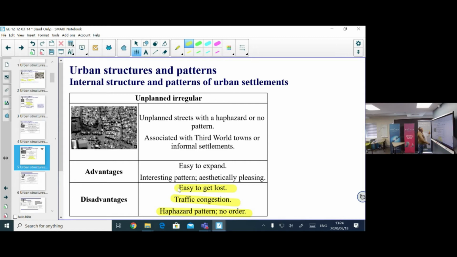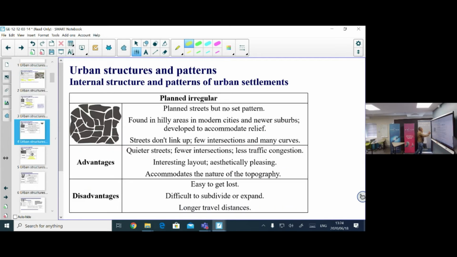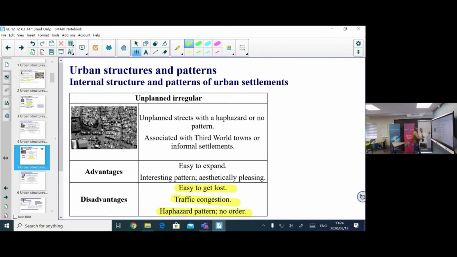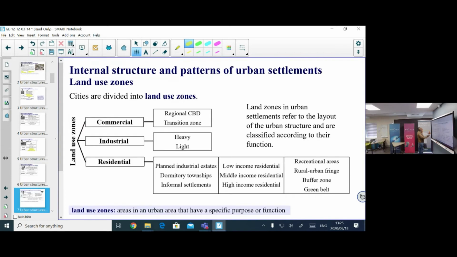So when you look at this, you find that there are no straight streets, which is in contrast with the one that I was trying to define here. So when we come back to this one, we have got streets and intersections, which means this one doesn't fall under radial.